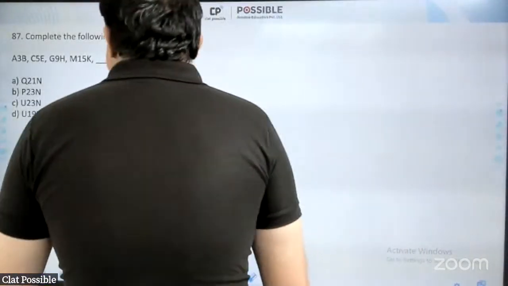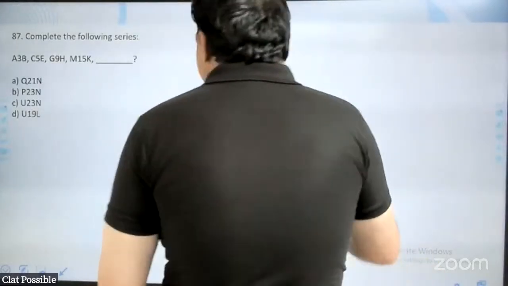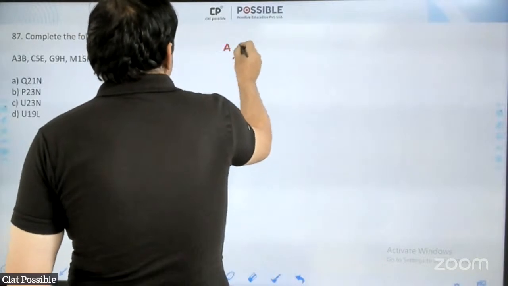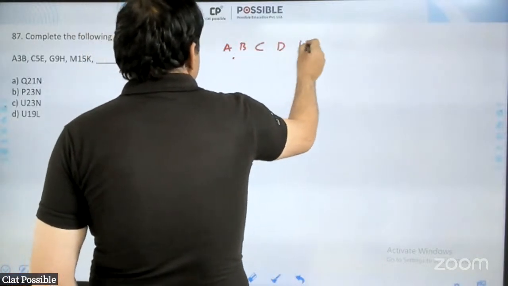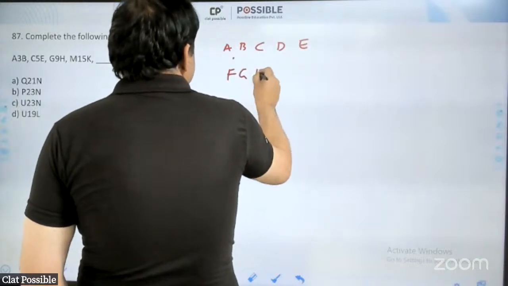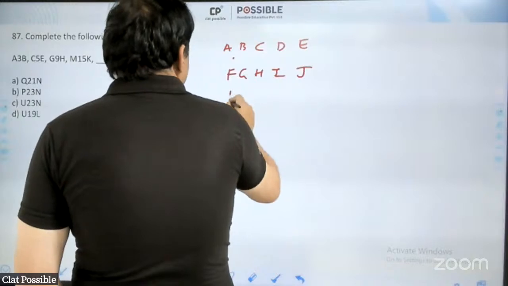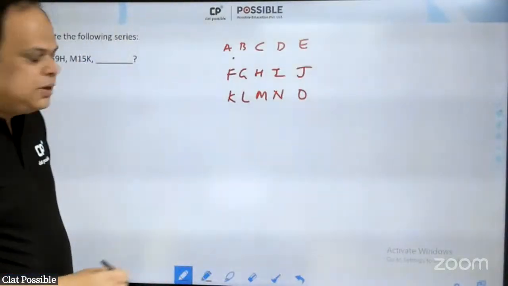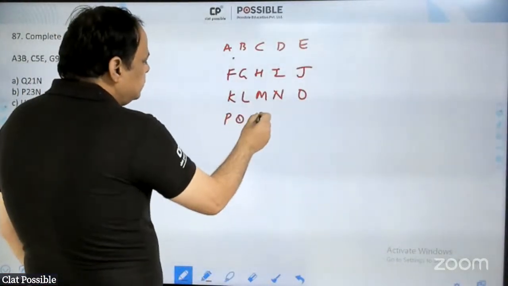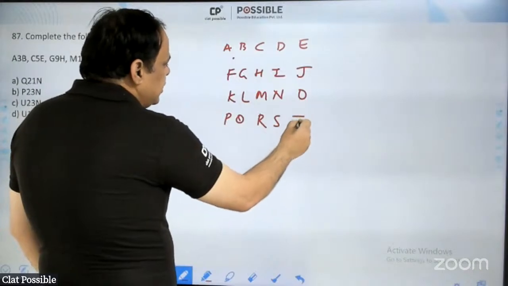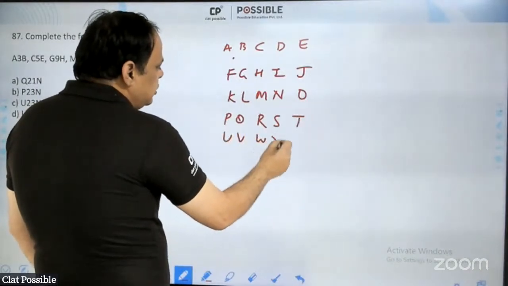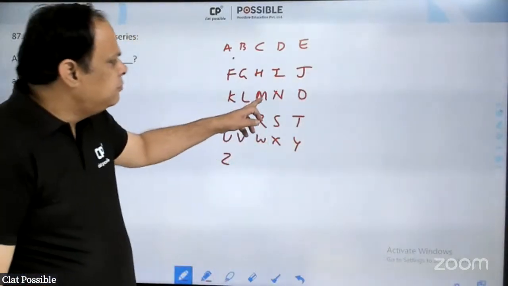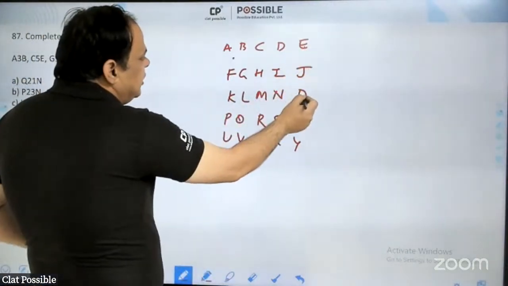Before we go on to solve this, first we will write down all the alphabets in sets of 5: A, B, C, D, E, F, G, H, I, J, K, L, M, N, O, then P, Q, R, S, T, U, V, W, X, Y, Z. So, for example, if you want to find out the value of M, it will be 5, 10, 15, and 2 less.